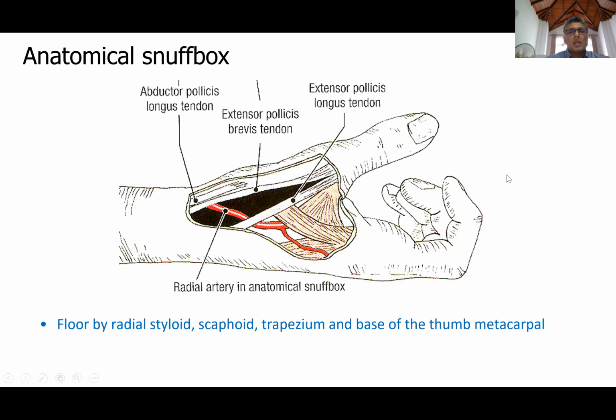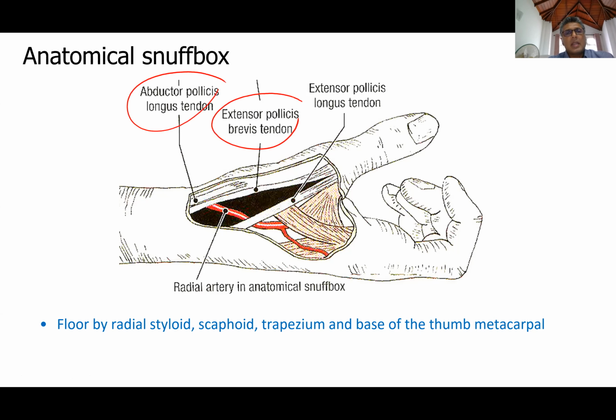Now, when it comes to the anatomical snuff box, as I said before, the boundaries, in the anatomical position, the lateral border is formed by the abductor pollicis longus and the extensor pollicis brevis tendons, and the medial boundary is formed by the extensor pollicis longus tendon, and the roof is by the deep fascia, and the floor is formed by the radial styloid, scaphoid, trapezium, and the base of the thumb.